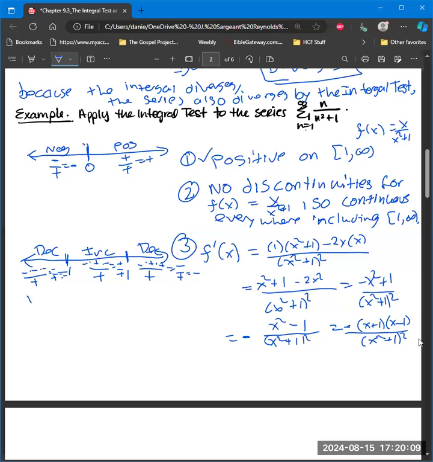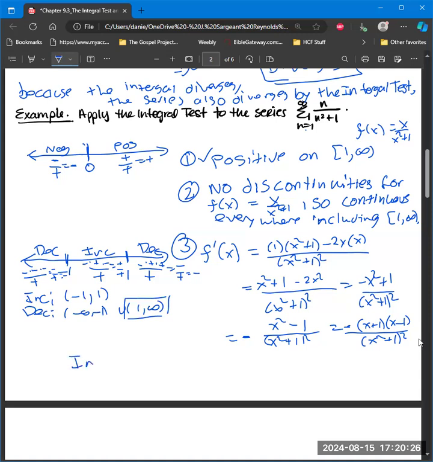So I'm increasing from -1 to 1. I'm decreasing on negative infinity to -1, union 1 to infinity. There's my interval of interest from 1 to infinity.